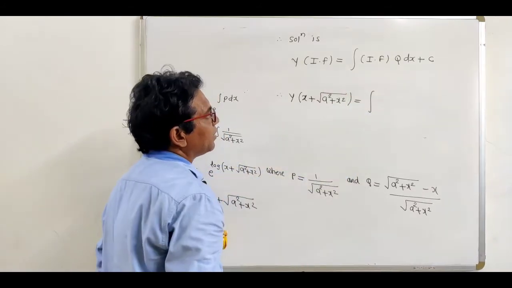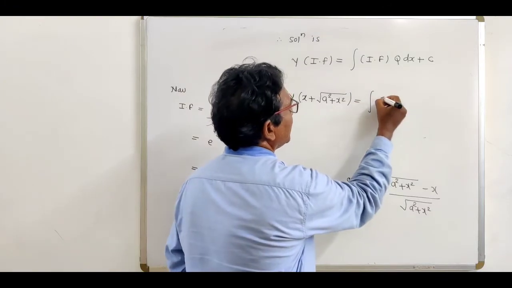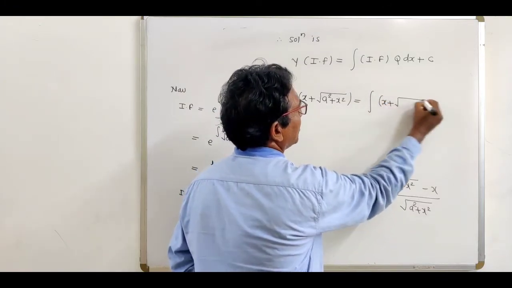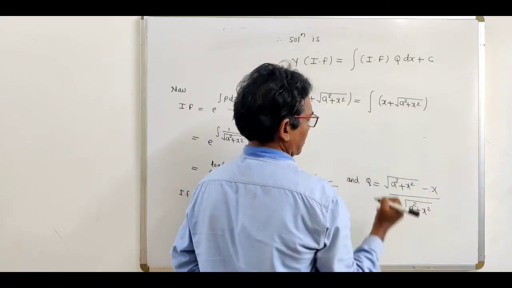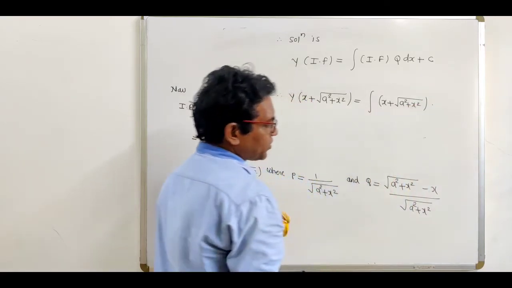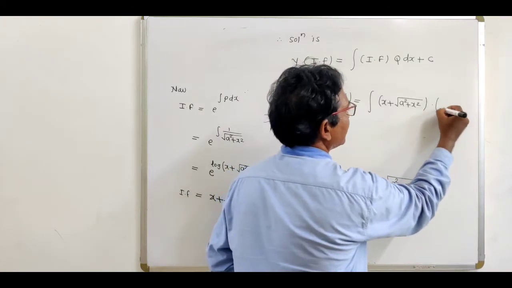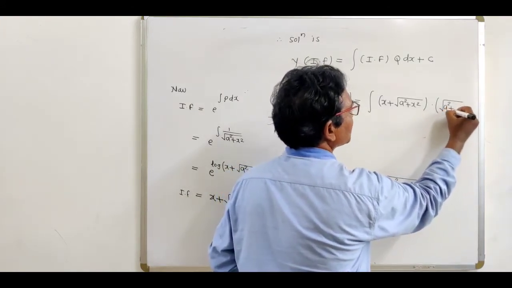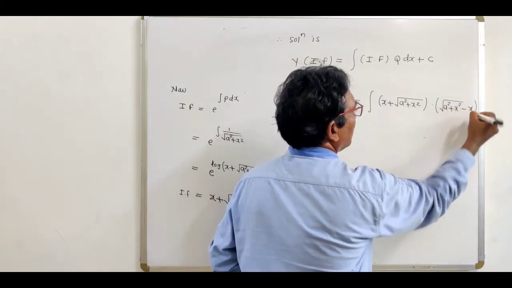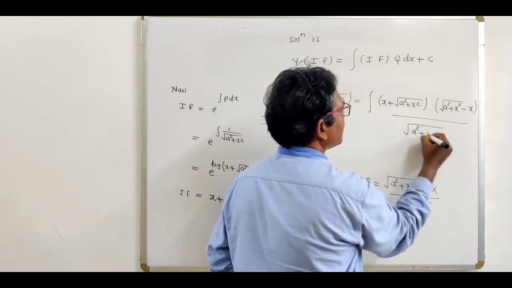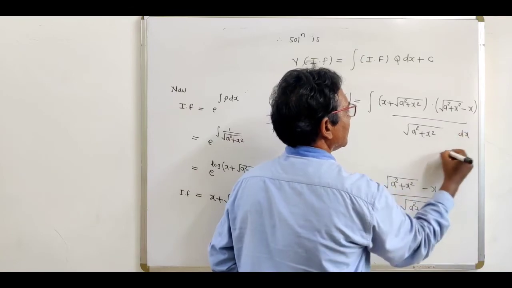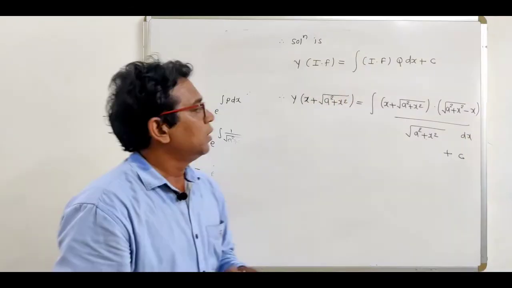This is equal to the integral of (x plus under root a square plus x square) into Q, the right hand side, that is (under root a square plus x square minus x) divided by under root a square plus x square, dx plus constant c.